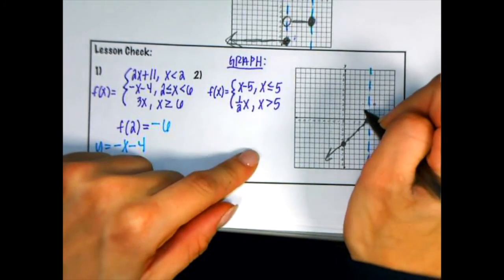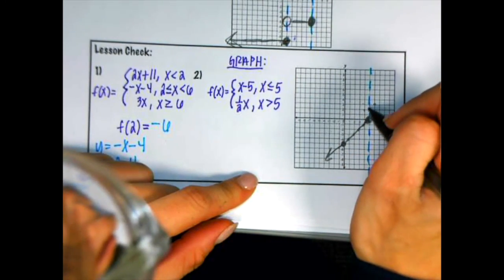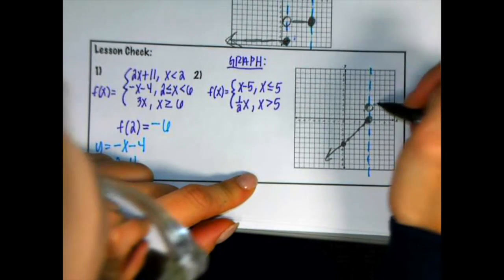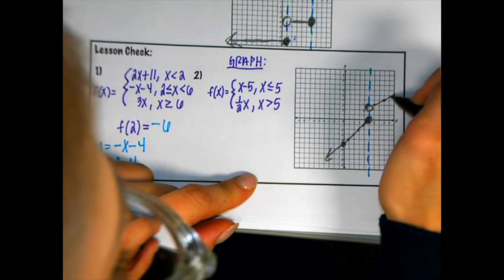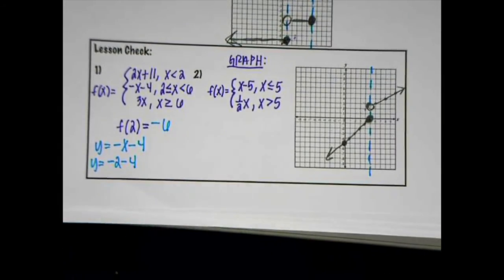So it was right here, the point before the line. So you can just kind of see where it would be. Something like that. Or you could graph the whole line and then erase if you want. Good? Do you have any questions?